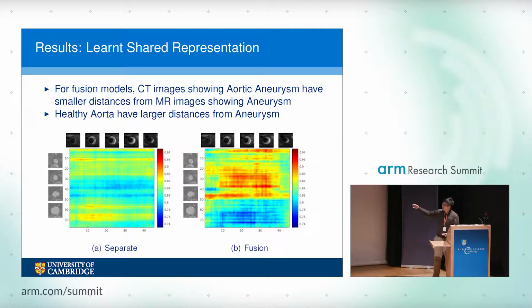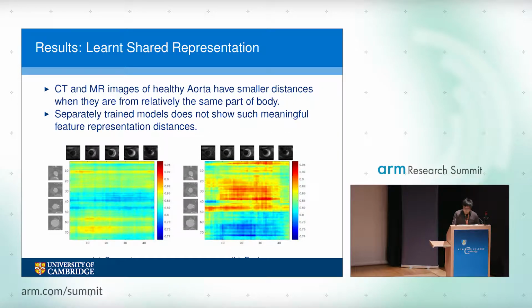But a healthy aorta looked at using the CT modality actually has a much larger distance from the MR image showing what we call an aortic aneurysm. Also, for CT and MR images showing a healthy aorta, they only have a smaller distance when they are looking at the same part of the body.